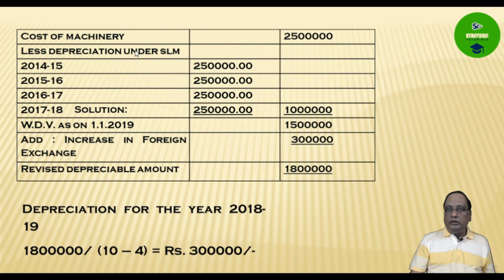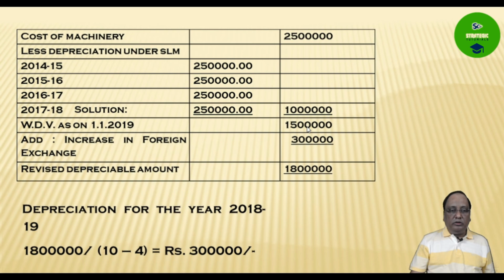So here I am giving one chart. The cost of the machine is 25 lakhs. Under the straight line method, from 2014-15, 15-16, 16-17 and 17-18, it is 2,50,000, that is 10% depreciation. So total depreciation is 10 lakhs.